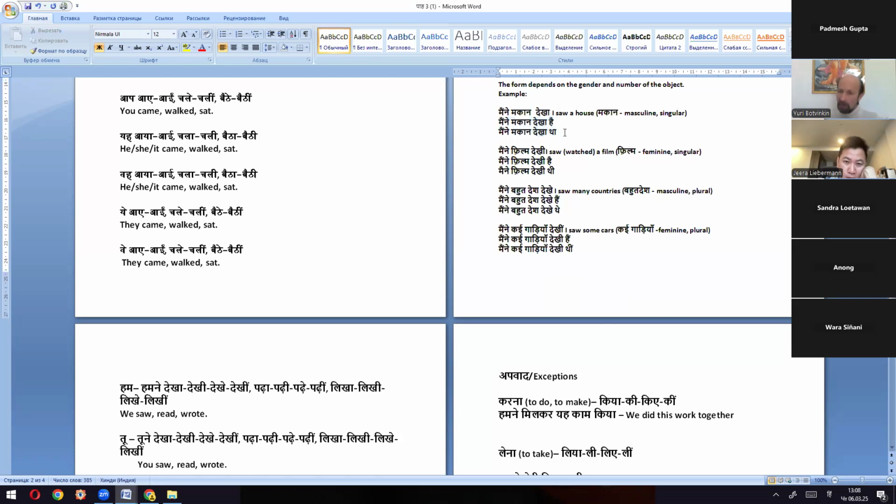And we tried to understand in which context we use all these three, right? If we compare it with English, that's very easy. Whenever in English you use present perfect, that's मैंने देखा है. Whenever it's past perfect, मैंने देखा था.